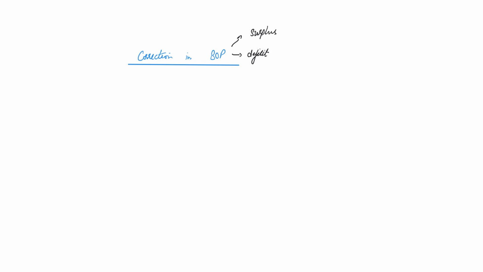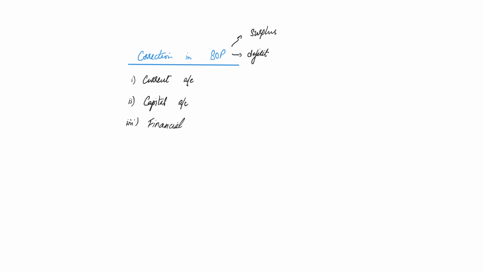Now, remembering a balance of payment has three accounts. You have the current account, you have the capital account, and you have the financial account.